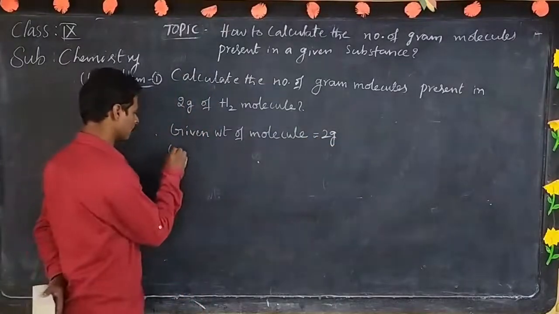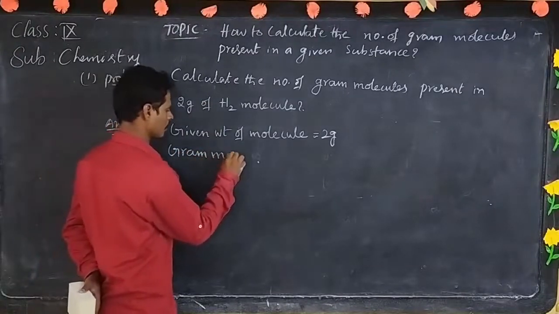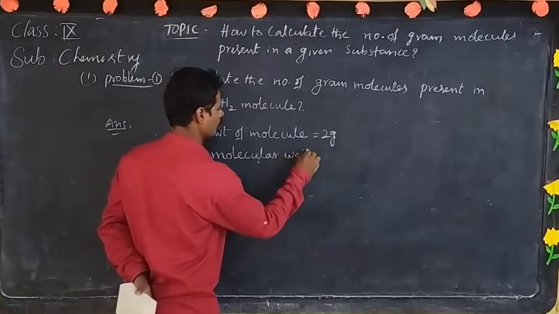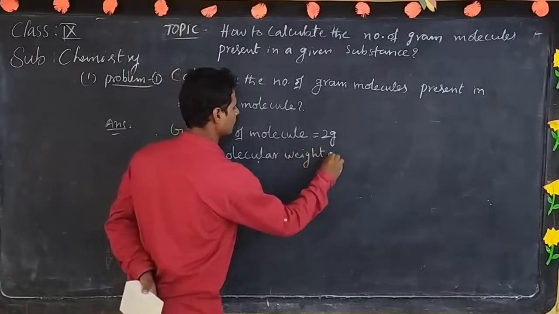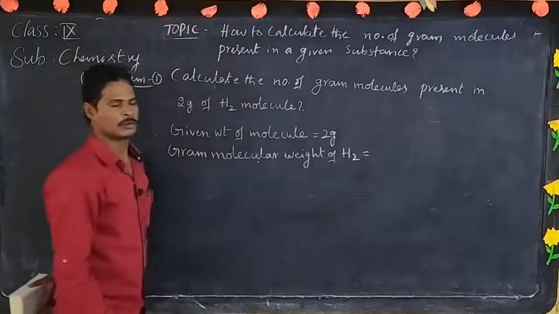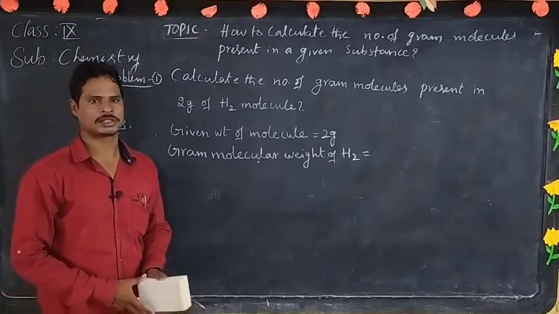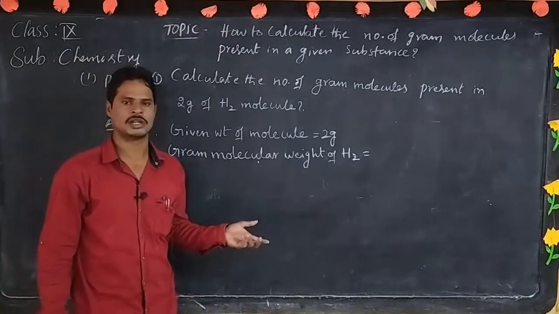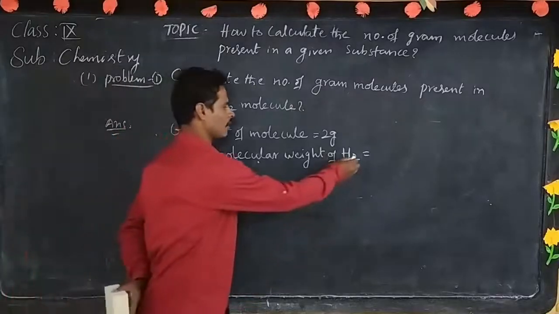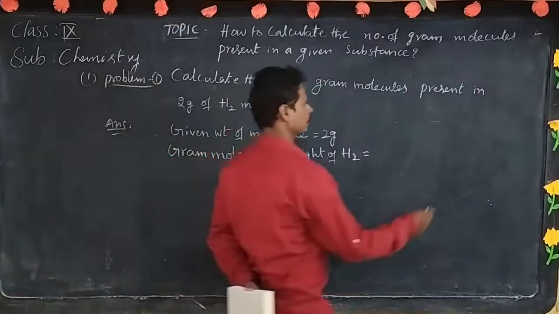Next, gram molecular weight of H2. We know that in previous classes I said how to calculate the molecular weights of different compounds step by step. Here, what is the molecular weight of H2 molecule?